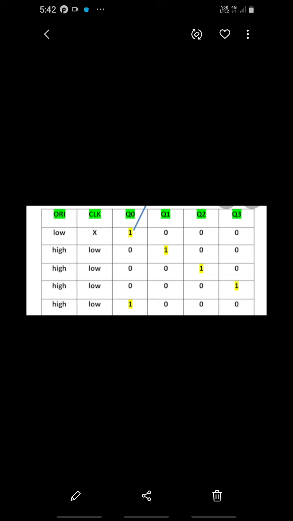So the ring counter is uneconomical compared to a ripple counter, but has the advantage of requiring no decoder, since we can read the count by simply noting which flip-flop is set.